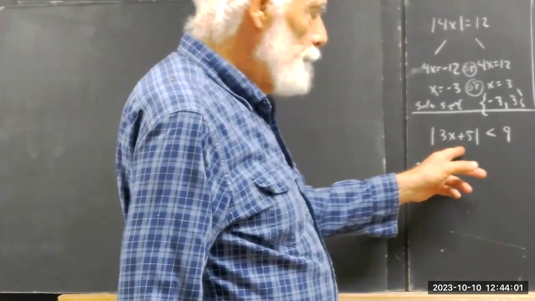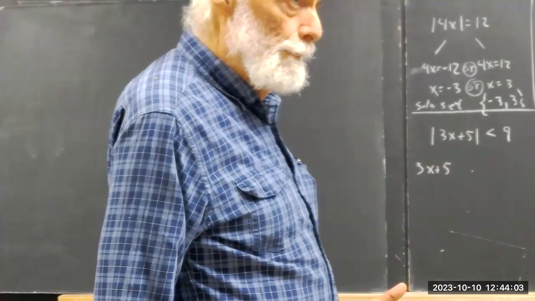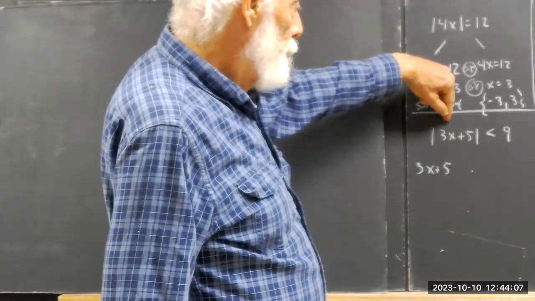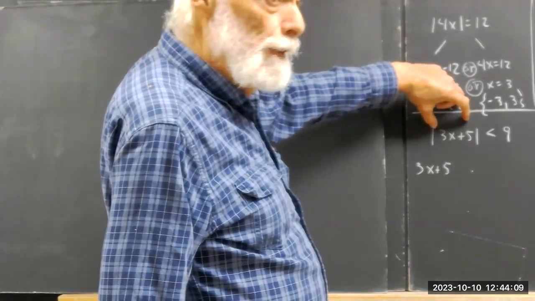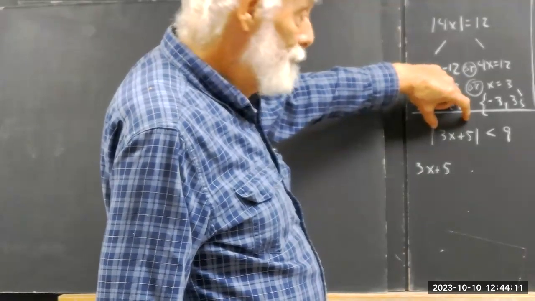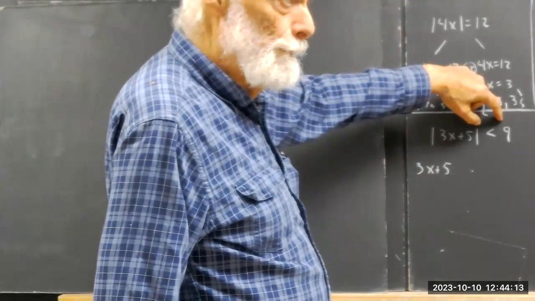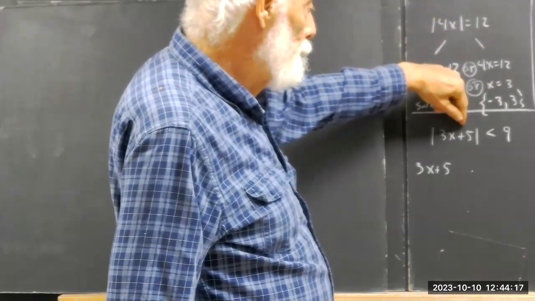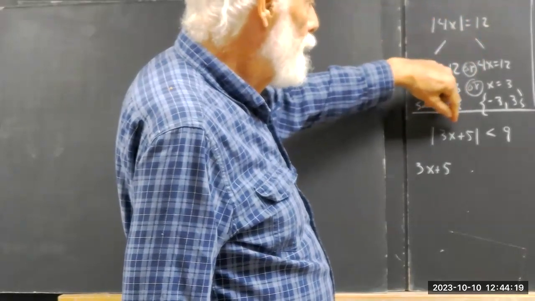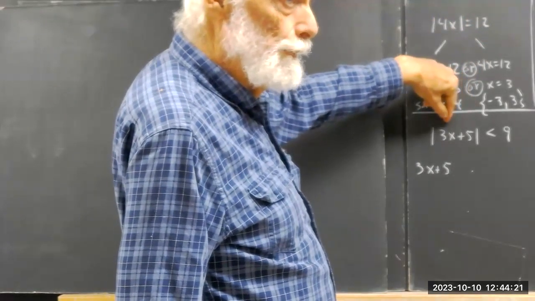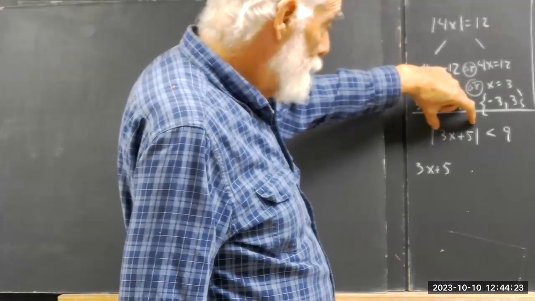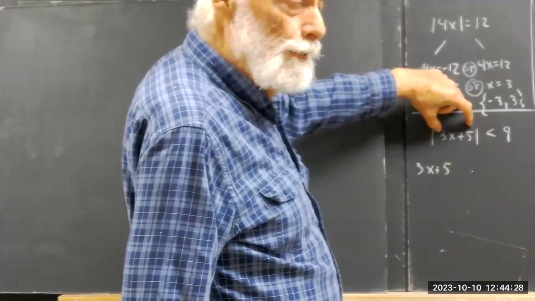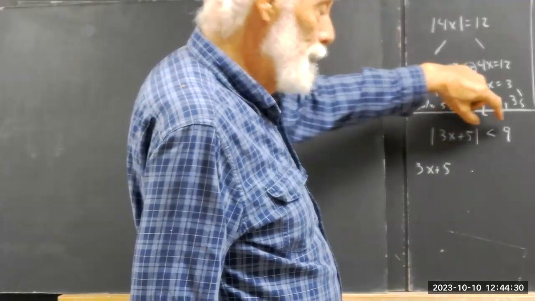If 3x plus 5 is too big of a negative number, then this absolute value is going to be greater than 9, right? Like if x is equal to 100, then you got 300, negative 100. You got negative 300 plus 5, negative 295 here under the absolute value sign, and 9. Absolute value of negative 295 is not less than 9.